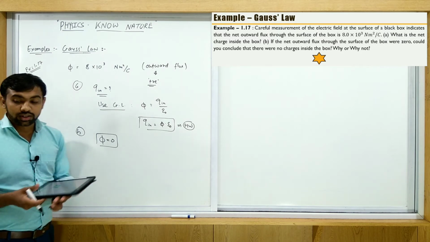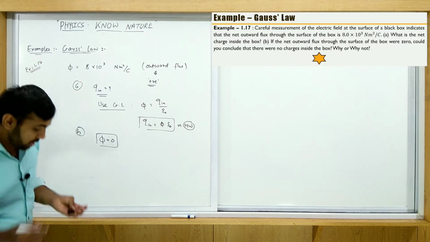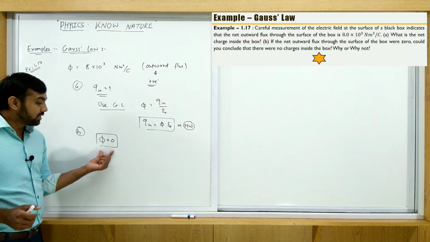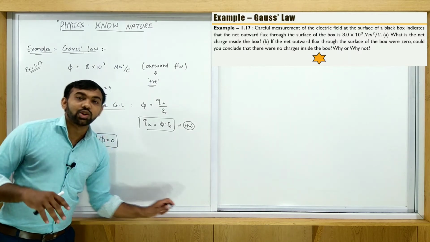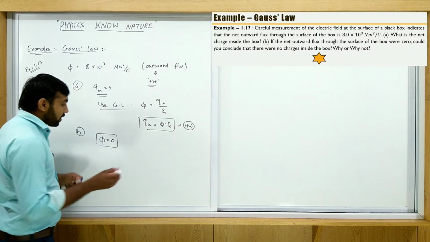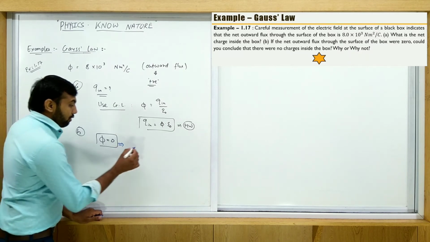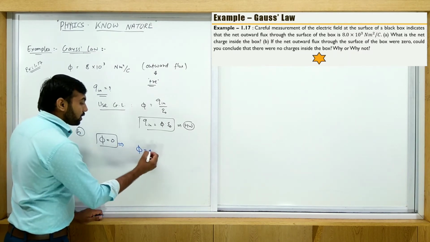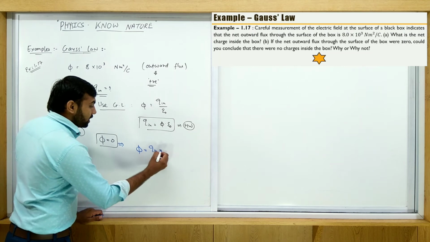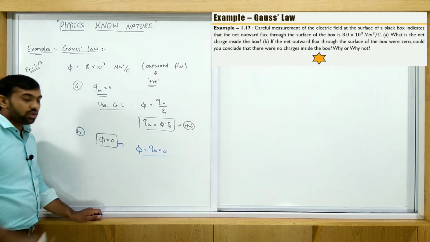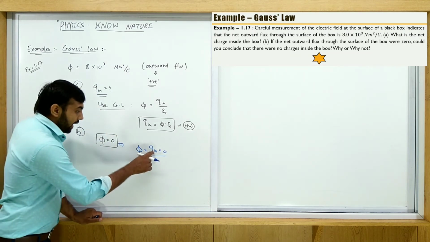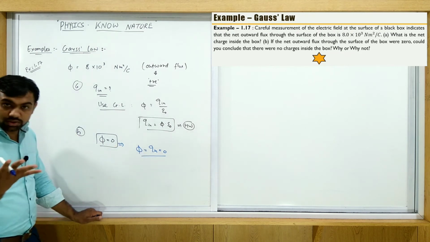Why or why not? We have to give some reason. If φ is 0, does it mean charge inside the box is 0 or not? So φ is equal to 0 means Q in is equal to 0, because epsilon naught is never 0. So Q enclosed is 0.